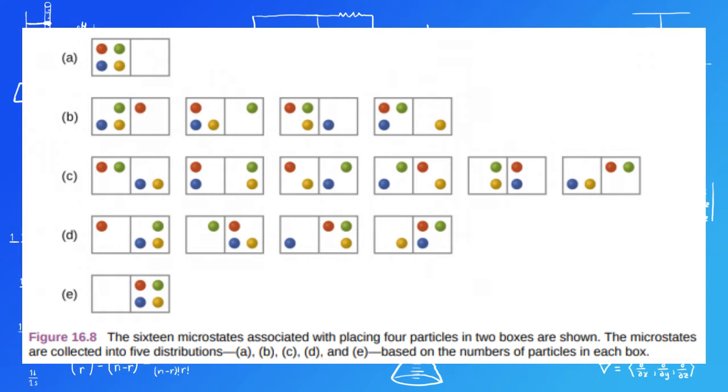So we've got 1 plus 4 is 5, and then another 5 there is 10, and 6. You've got 16. Oh, it's written down in the caption. Yeah, so you've got 16 possible microstates, all associated with a single macrostate, the state of having four particles and two boxes to distribute them into.